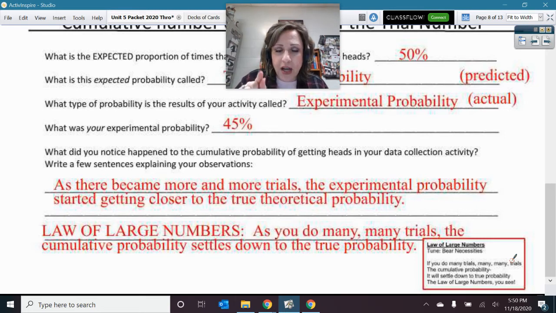Casinos bet on the law of large numbers. I'm telling you, they know the probability, and they can set slot machines to have a certain frequency of payouts. So they will set those slot machines to pay out so much percent of the time.